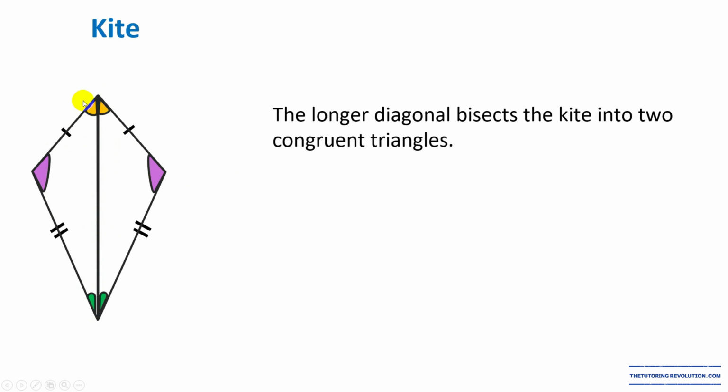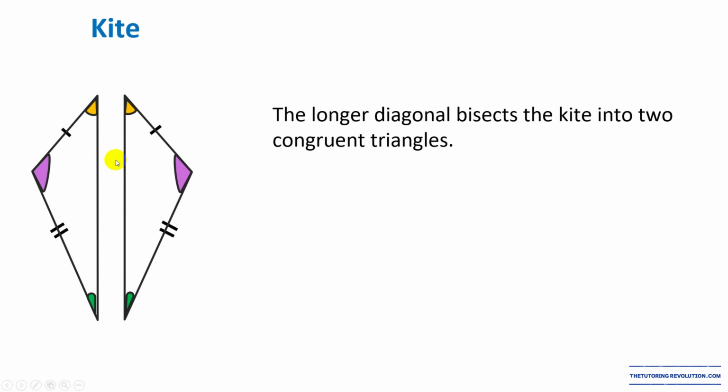So we see here that this triangle on the left and this triangle on the right of the diagonal are congruent, because by definition, a kite is a quadrilateral where one of the diagonals separates it into two mirror images, basically into two congruent triangles. Right here we can appreciate that these two triangles are congruent.